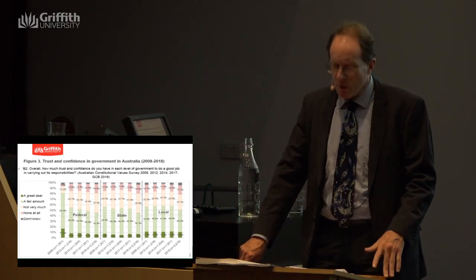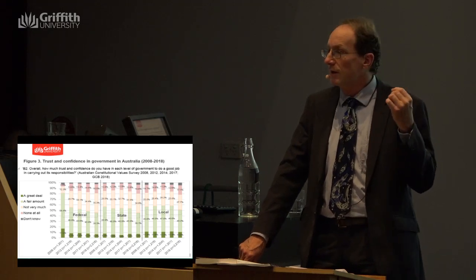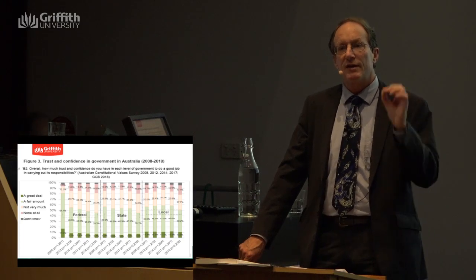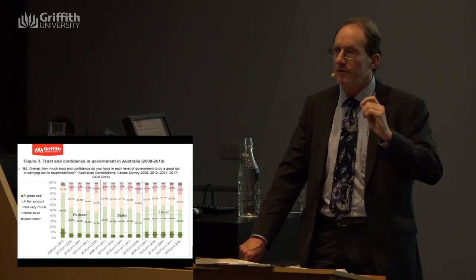So what's important about the latest Global Corruption Barometer research that we've been doing is that it lets us look at the relationship between these things for the first time.